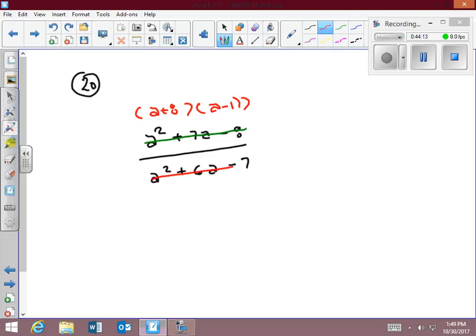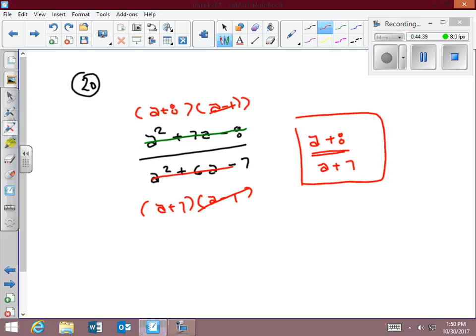And that denominator will factor into (a plus 7)(a minus 1). You see, this cancels with that. What I have left is (a plus 8) over (a plus 7). And that's my answer. Now I don't have to put brackets around them because this line brackets. So that's it.